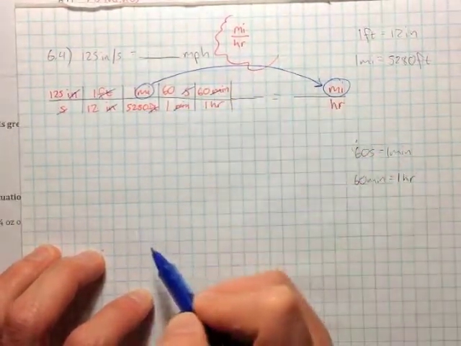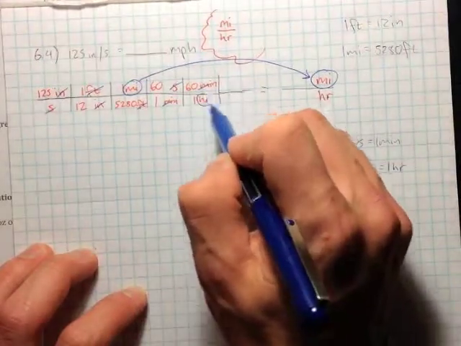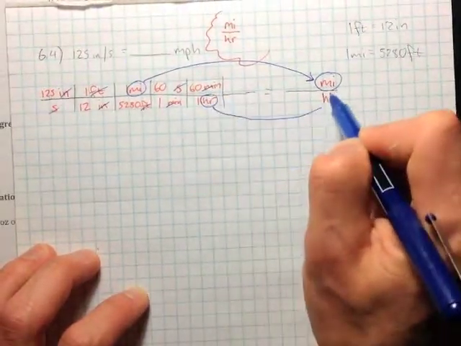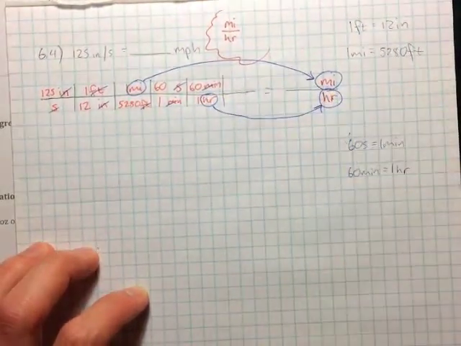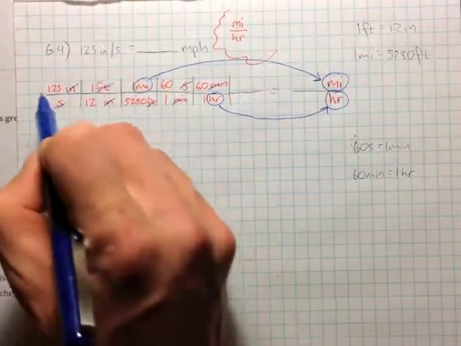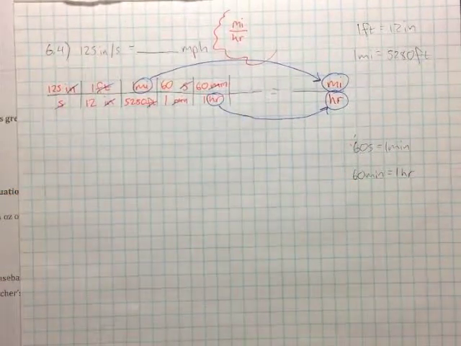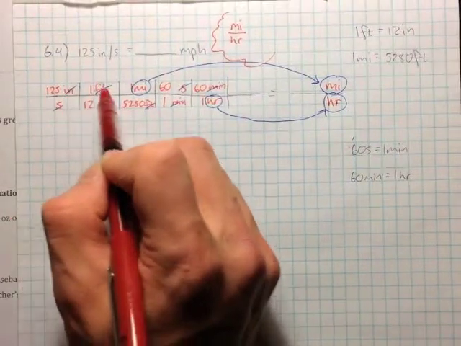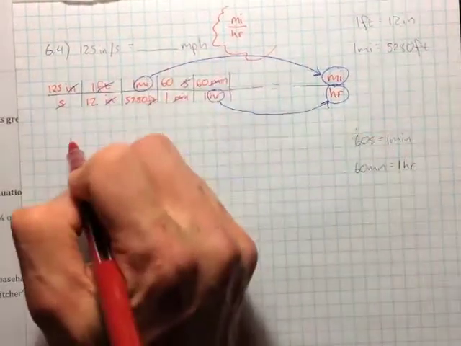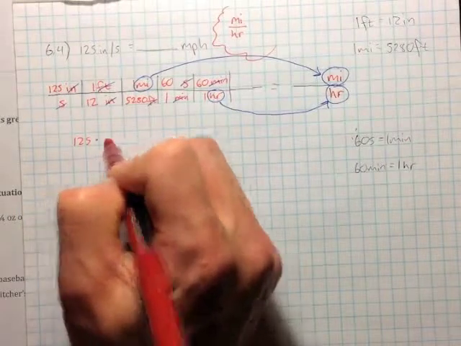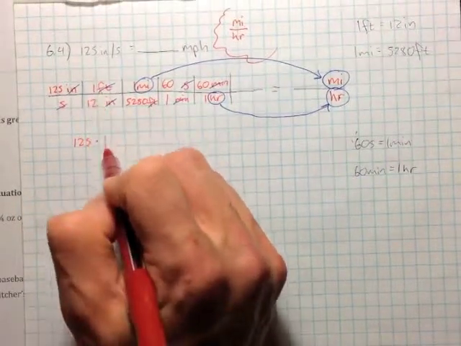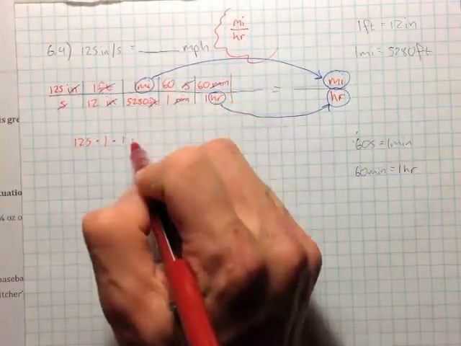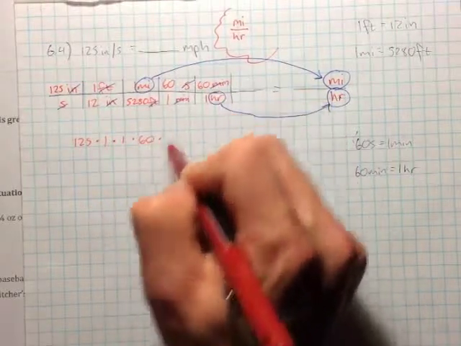Minutes, minutes. Now let's see what we have. Hours is what's left over. Hours is what I need. Ta-da! So, this train track here tells us what we need to do. Alright? Everything on the top is multiplied together. 125 times 1 times 1 times 60 times 60.